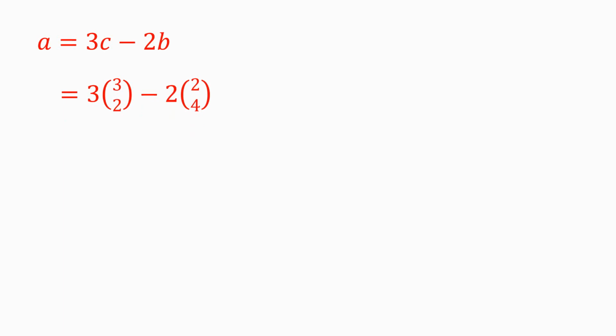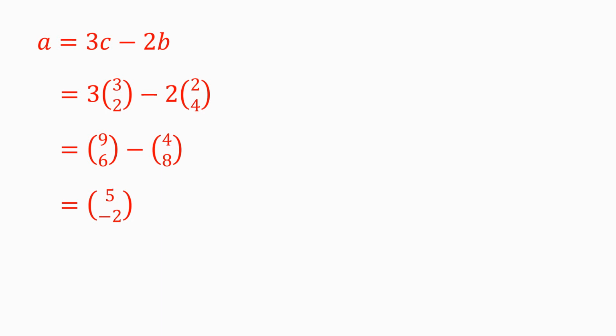The 3 and 2 are scalar quantities, or the enlargement factors of the vectors C and B. So we are going to multiply the 3 with both the values in the brackets and the 2 as well. And so A is equal to (9,6) minus (4,8), which is equal to (5,-2).